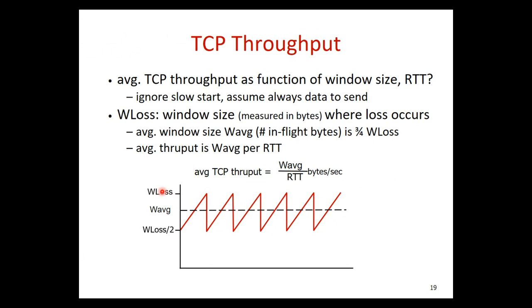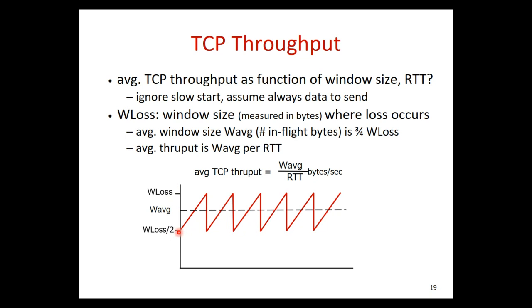It is not constant. But here, as a simplifying assumption, we assume that it is constant. We're also going to make another simplifying assumption, that when a loss happens, the window will be divided by 2. So just to keep it simple, we ignore the plus 3, and we assume that it is not a timeout.